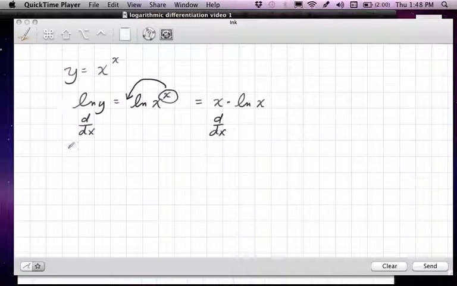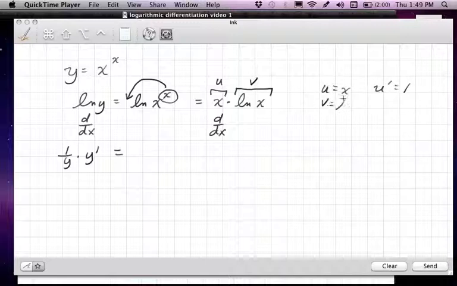So this side always gives you 1 over y times y prime, always. And then over here you're going to use the product rule. So there's your u, and this is your v. Your u is x, your u prime is 1, your v is natural log of x, your v prime is 1 over x, and so it's u prime v plus u v prime.